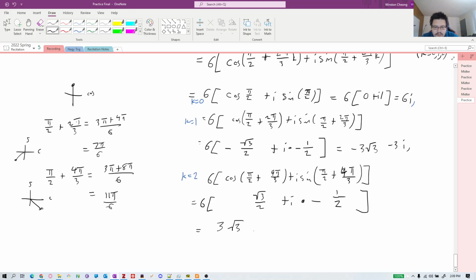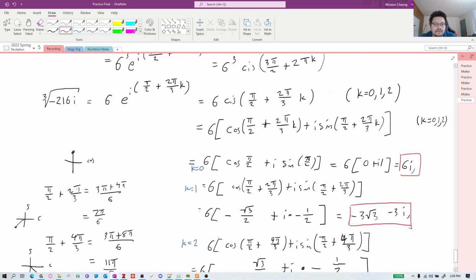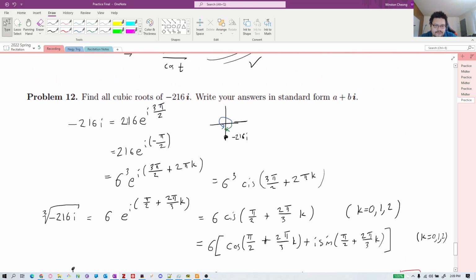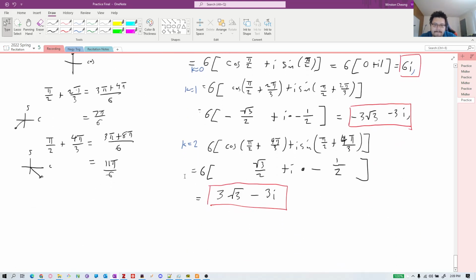The minus gets picked up, so we get minus 3i as the third answer. Let me just check. Yes, good. So I got that previously. Okay, and let's go ahead and box our answer. So what we found was three cube roots to the number negative 216i.